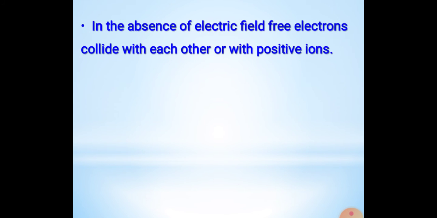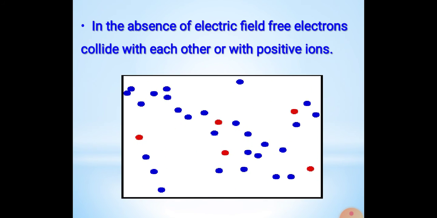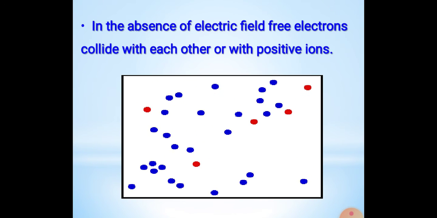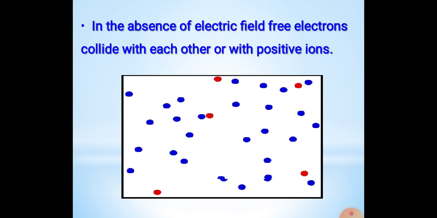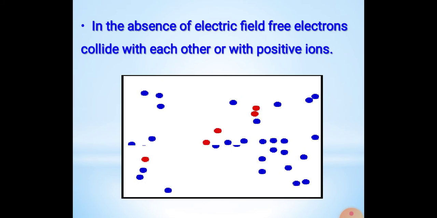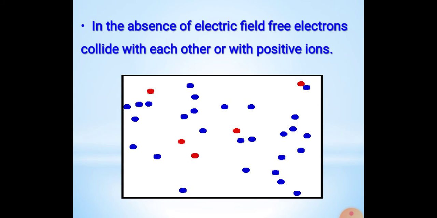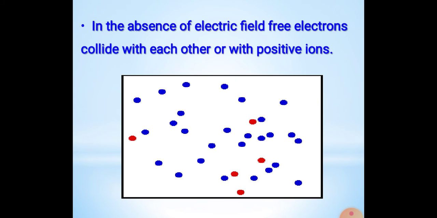Then the third postulate of classical free electron theory, that is in the absence of electric field. If you see this diagram, we have two color balls and these balls are moving inside this container. Here the blue balls represent electrons and the red balls are holes.